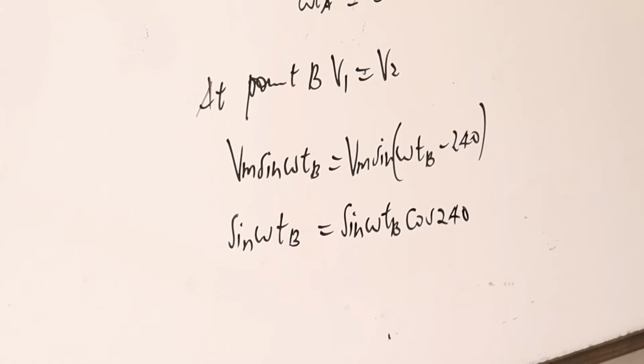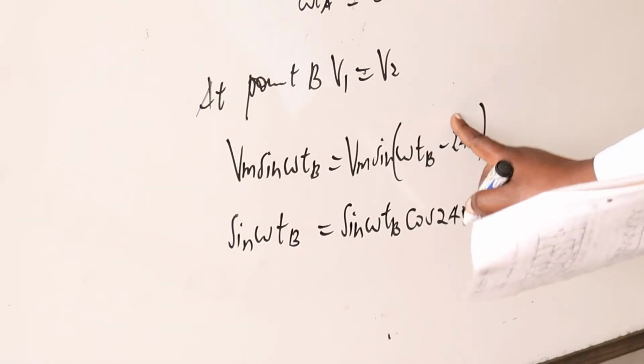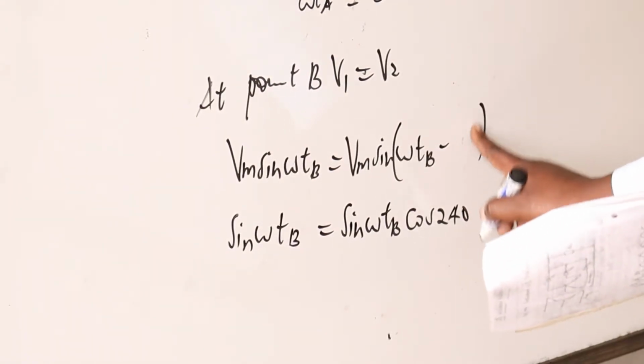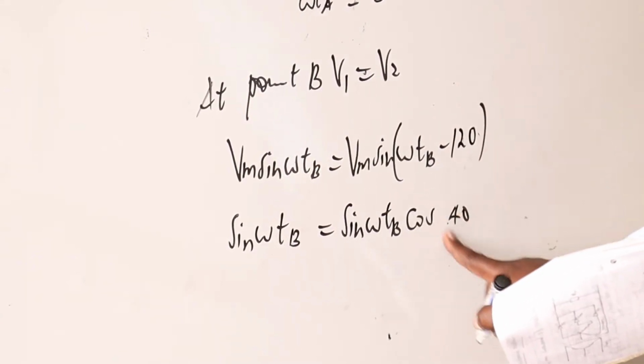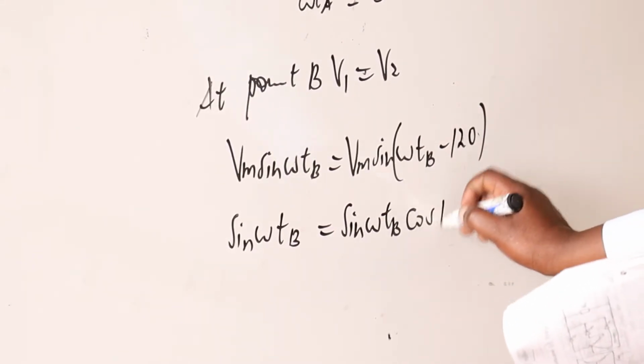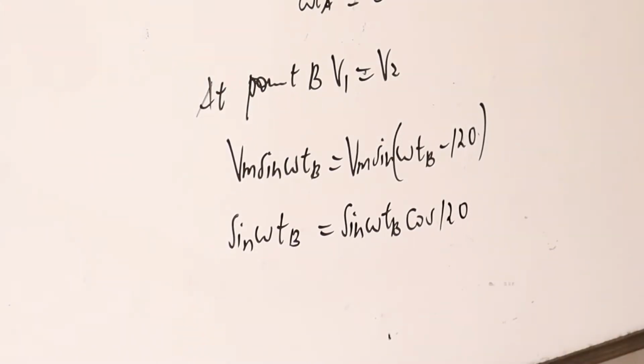Okay, just a minute. This should be 120. V2 is 120, not 240. Yeah, our V2 was 120.